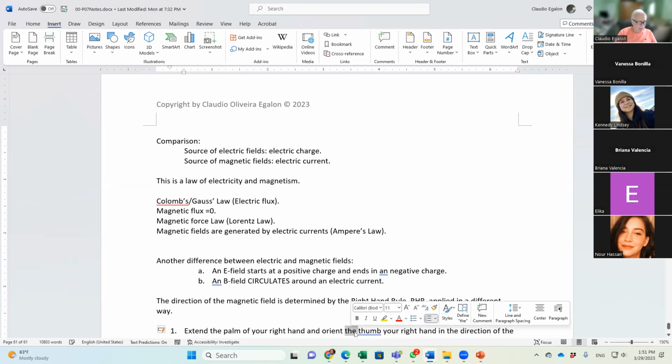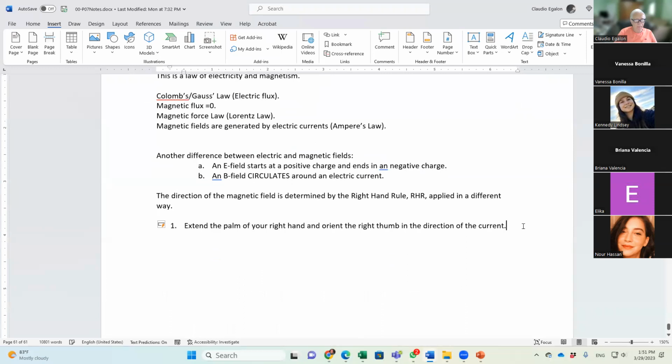Your right thumb, and orient the right thumb in the direction of the current. The direction you rotate the palm of your right hand is the direction of the field.